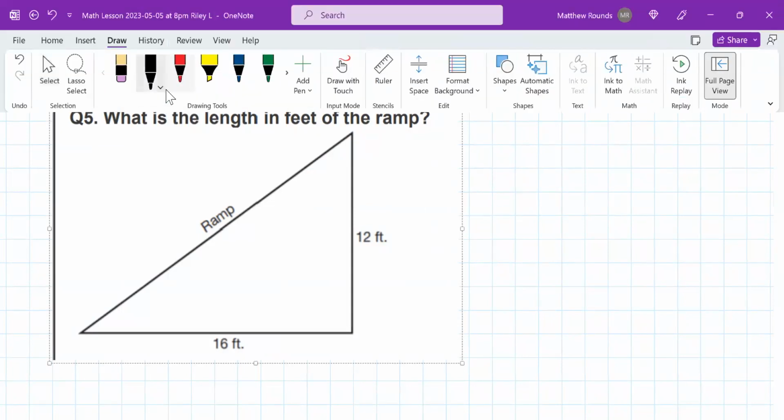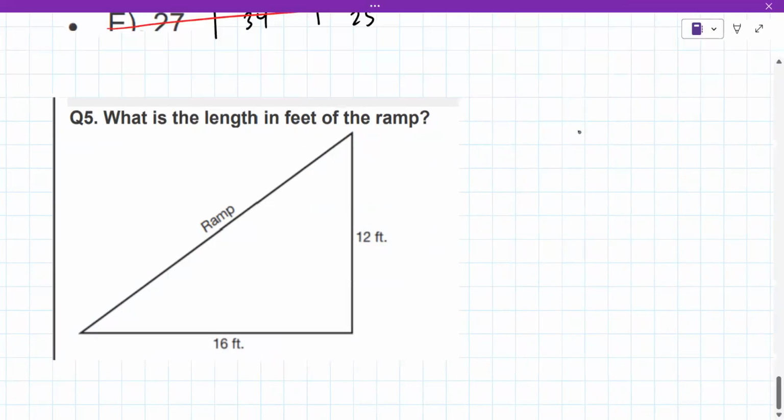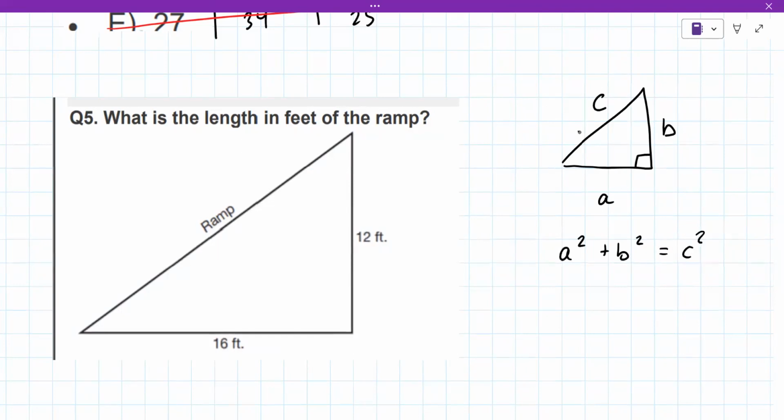There's a really important equation for right triangles that you want to know. The leg A and the other leg B and the hypotenuse C are related by the equation A squared plus B squared equals C squared. What that means in words is if you square the 2 legs and add them together, that's A squared plus B squared, it equals the hypotenuse squared always.